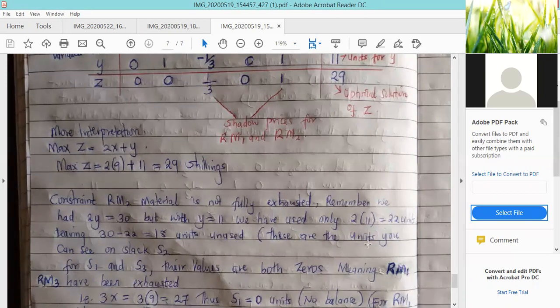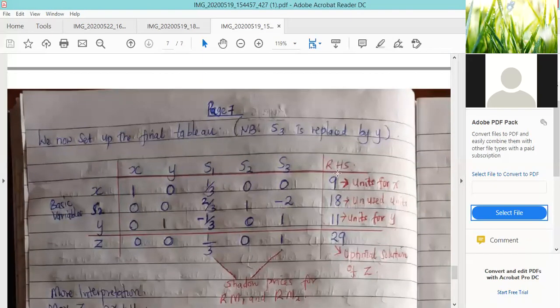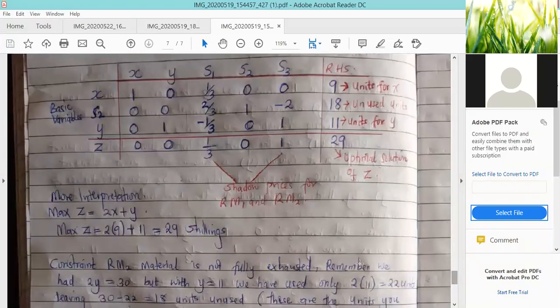So if I come from my table here, I am given the value of x, I'm given the value of say y, assuming this was our final solution and you're doing the interpretation. You just substitute them in your objective function equation, and so you'll be able to find the maximum or the optimal value.